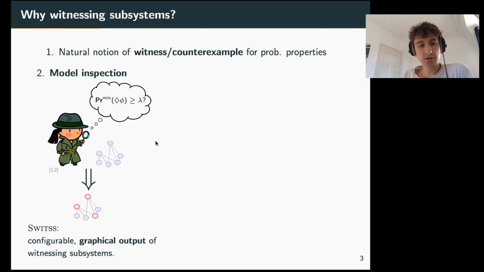And to answer this question, you may first want to compute a small witnessing subsystem for this threshold property, which hopefully is much smaller and hence easier to analyze. And SWITSS supports this use case by providing configurable and graphical outputs of witnessing subsystems.